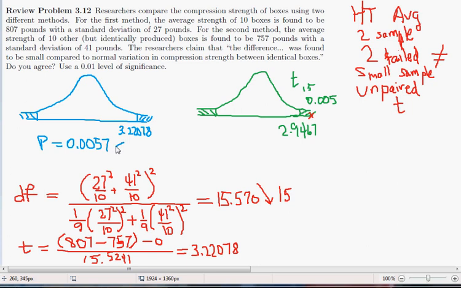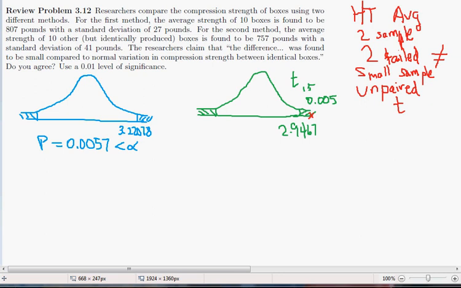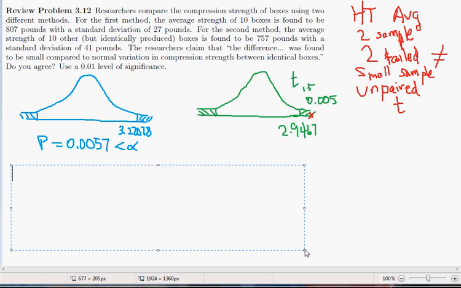Okay, so this number is less than alpha. So our decision will be to reject the null hypothesis. So concluding, let me type this out. We reject the null hypothesis.